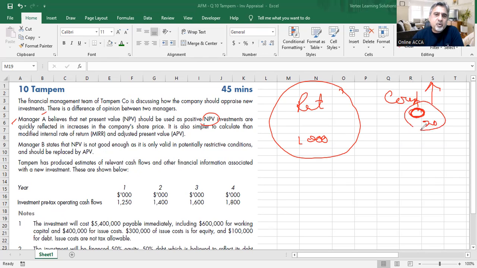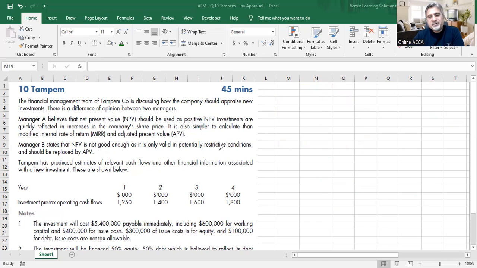Even if it is offering more risk, my overall risk profile will not be significantly impacted because the project itself is so small compared to the size of this business. But yes, if this is my retail business and this kind of construction project I'm going to do, then definitely my risk profile changes. So, restrictive conditions and should be replaced by APV.